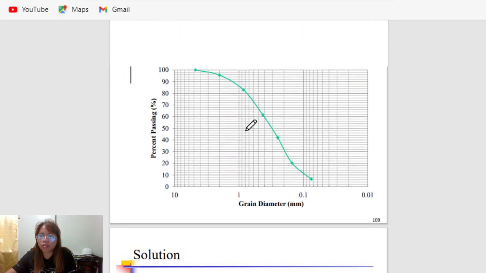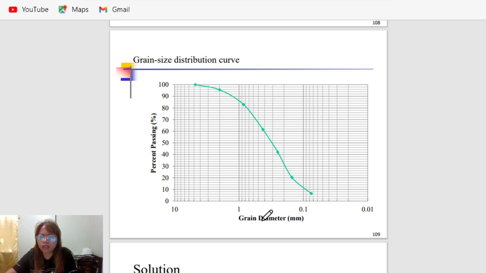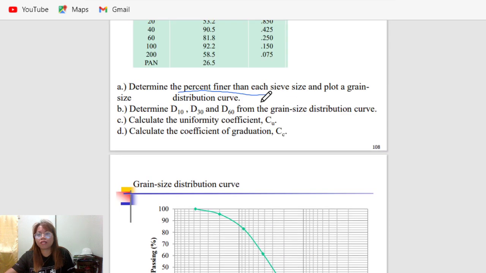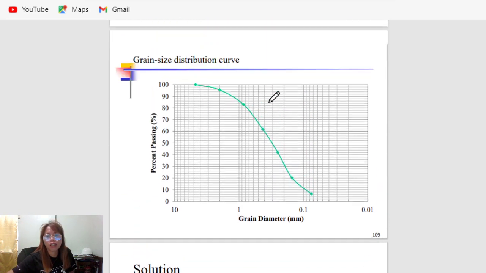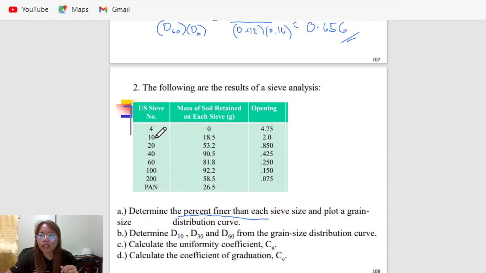You can also adopt this one, or you can adopt lower to higher, but for uniformity, since in the table 4.75 comes first, the higher value of the sieve diameter comes before the lower.